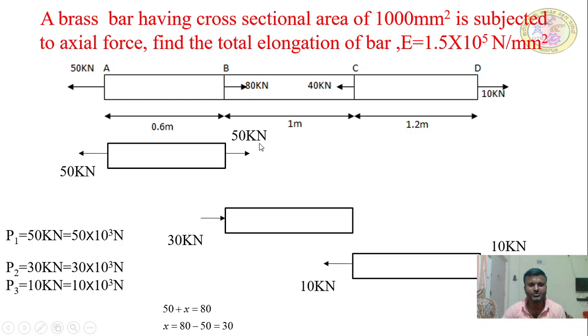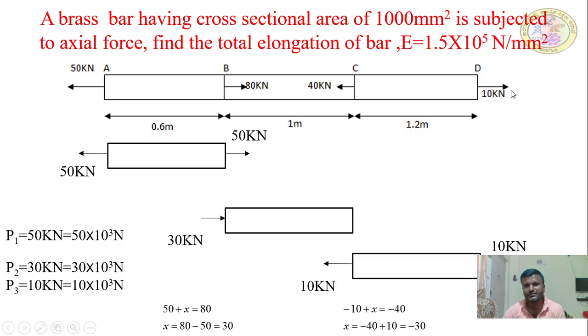30 plus 50, how much? Here it is 80 kilonewton. Similarly, what about the member BC at the end C? The force acting is again a compressive force. It is equal to minus 10 plus x is equal to minus 40. Why the minus symbol? Here is the lesser force, here is the greater force. Always the greater force has the tendency to apply here.